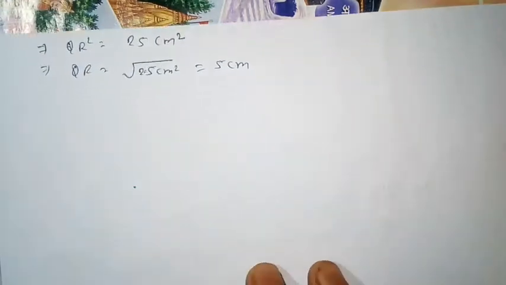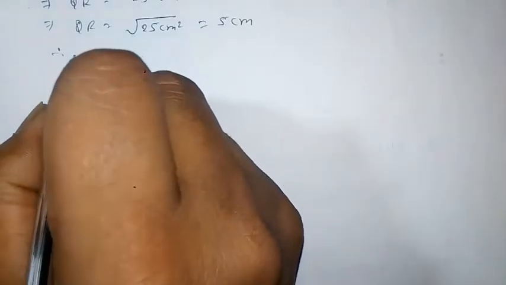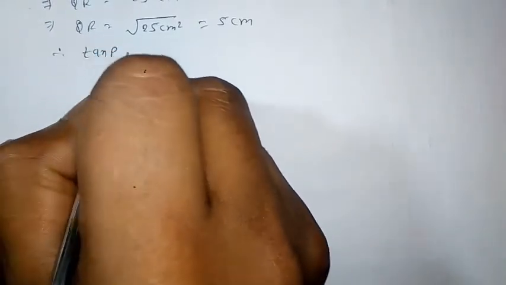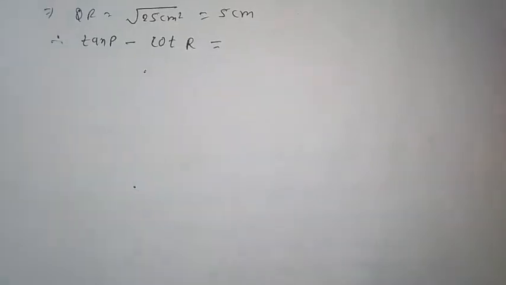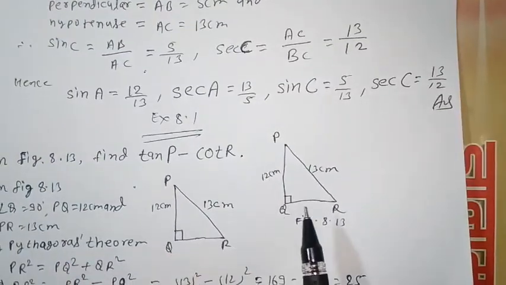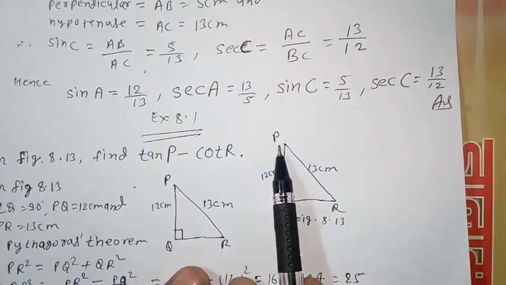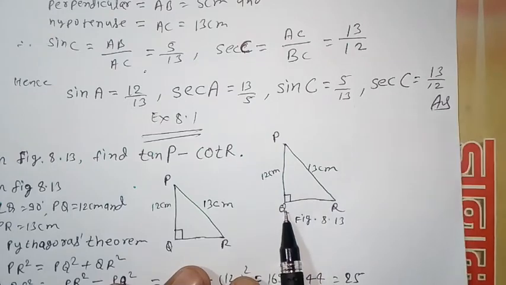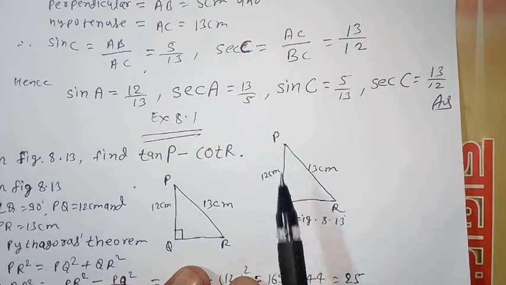Okay. Now, therefore, tan P minus cot R is equal to, for P perpendicular is QR, base is equal to PQ.